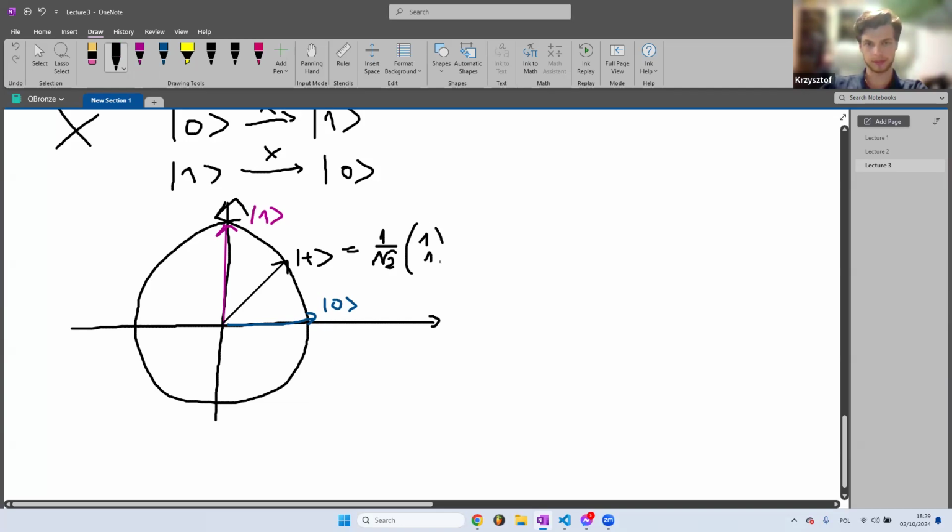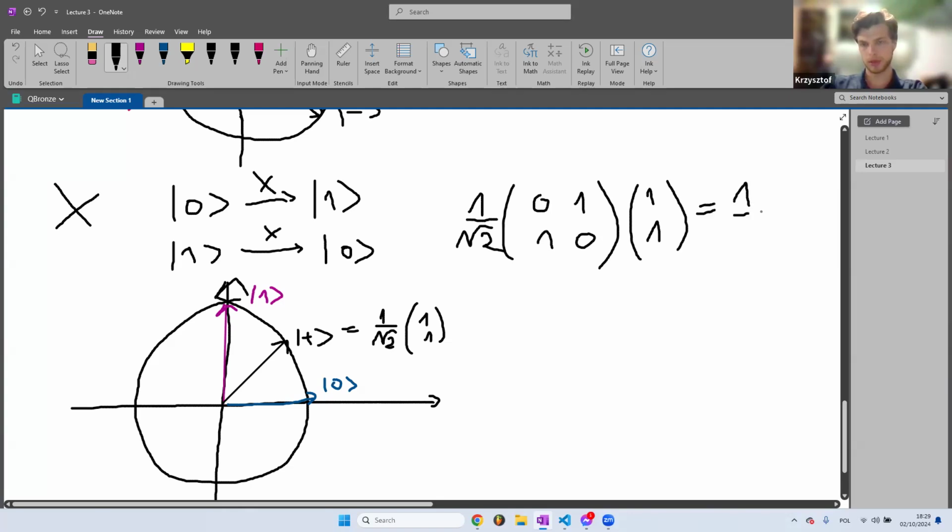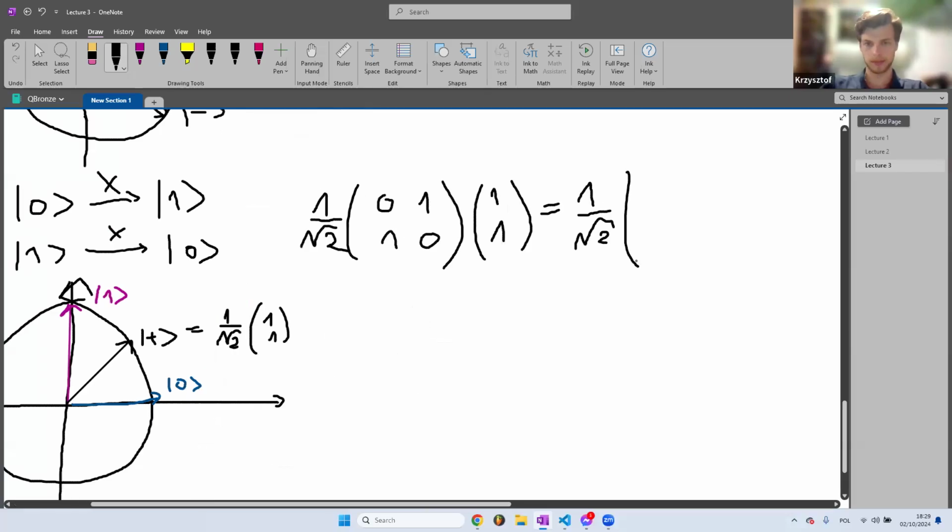Let's try to see how this reacts. The X gate was 0, 1, 1, 0. Applying it to the plus state, which is 1 over square root of 2 times 1, 1, will give us 1 over square root of 2.